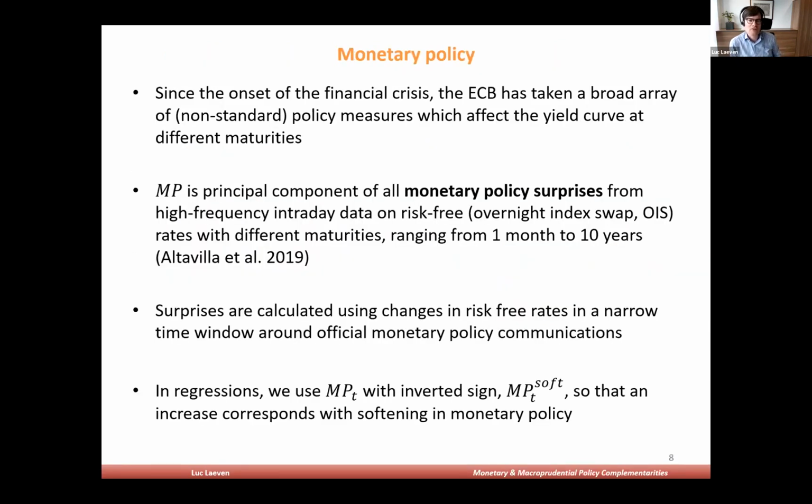Now, how do we then go about measuring our 2 main policy levers? First, monetary policy. This is quite traditional, at least traditional in the more recent sense, when unconventional monetary policy was employed.